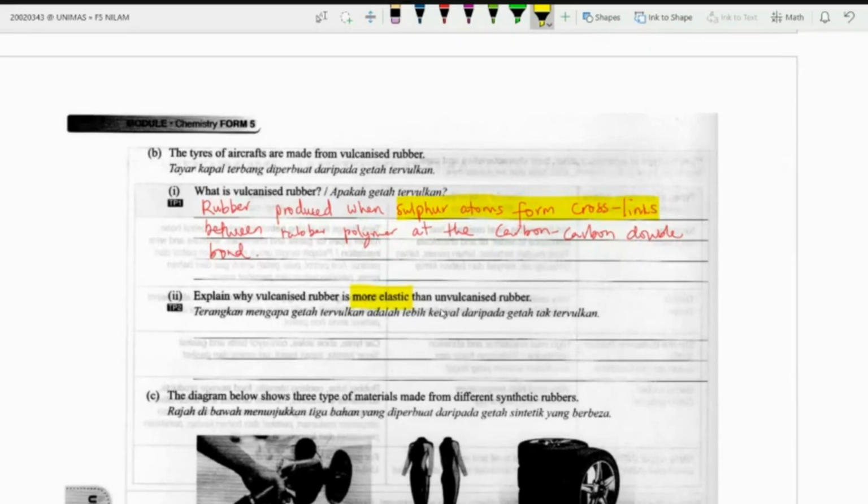What have you written, or what are the keywords that you have found? The presence of cross links. Yes, the key points you hear: presence of sulfur cross links. What is the effect? Presence of cross links.